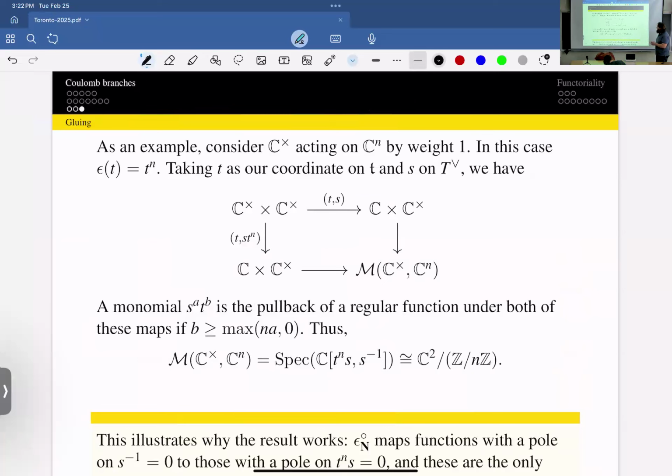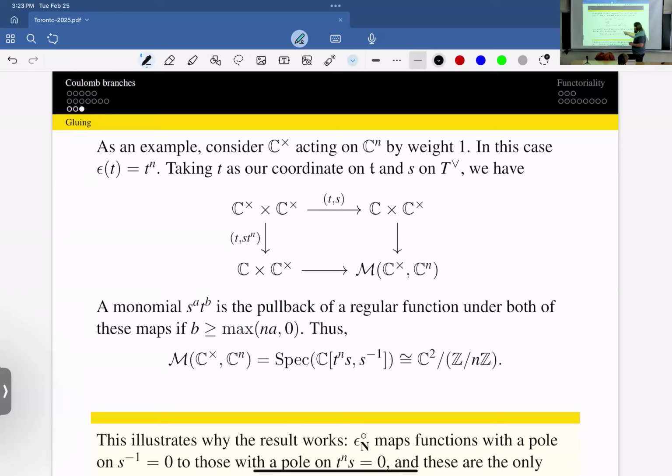All right, so for example, if I take C star again, if I'm acting on Cn by weight 1, I'm multiplying by t to the n. And so if I look at these functions, let me not try to go through the details here. It's going to look like the C star picture we had before. But what we get is we have a coordinate t and we have a coordinate s.